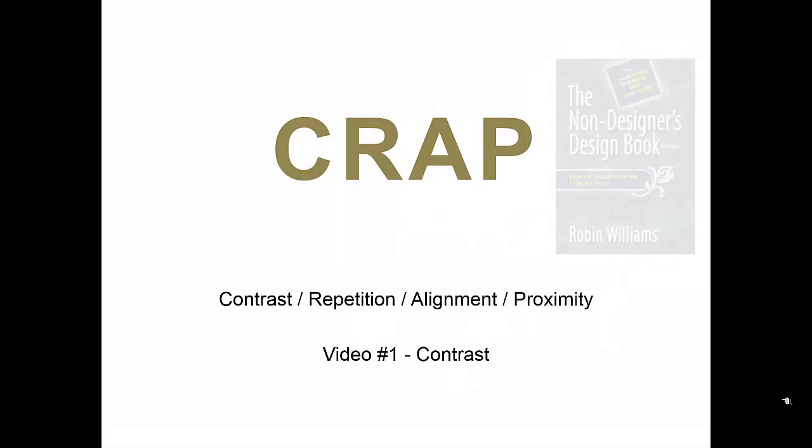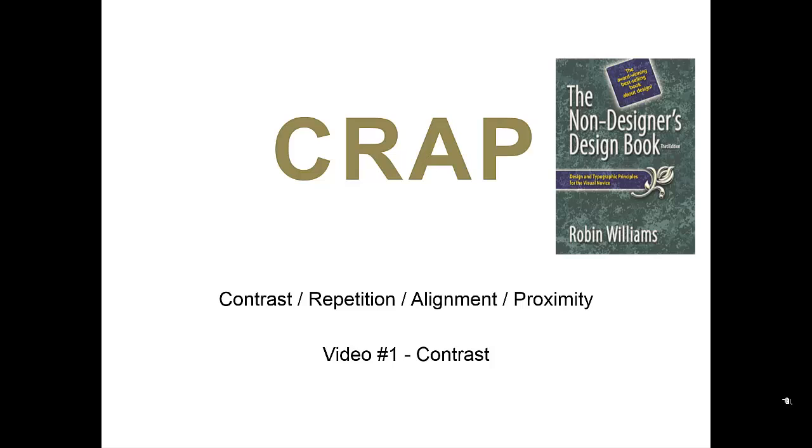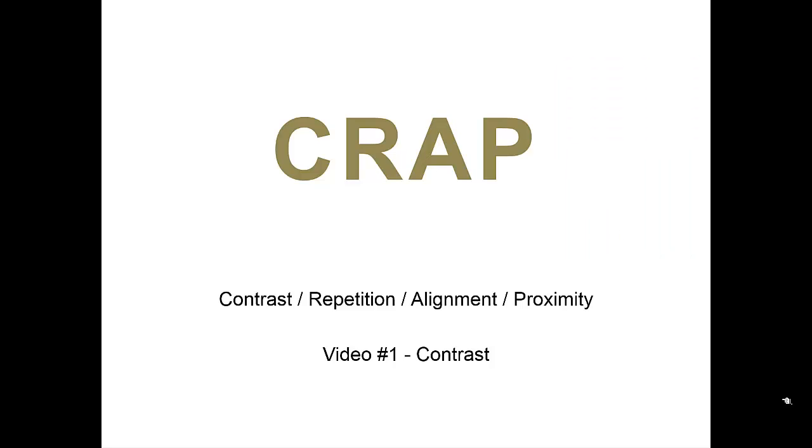Now this is based on a book by Robin Williams, not the comedian, but Robin Williams, and the book's called The Non-Designer's Design Book. And so these principles are applied by a lot of people out there. And so the first element that we're going to look at is contrast.